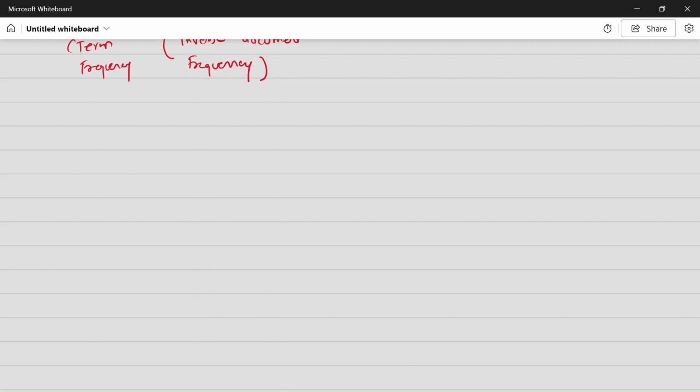In the TF-IDF, it gives more importance to those words that appear fewer times. If some words appear frequently in a single document but rarely appear in the corpus, then they are considered most important. So what is the advantage of this TF-IDF?